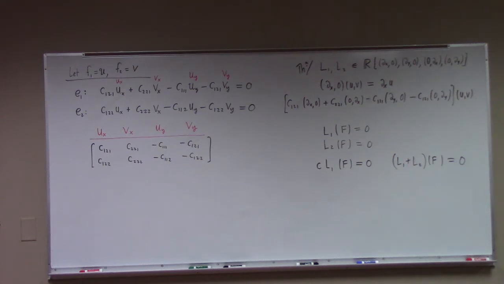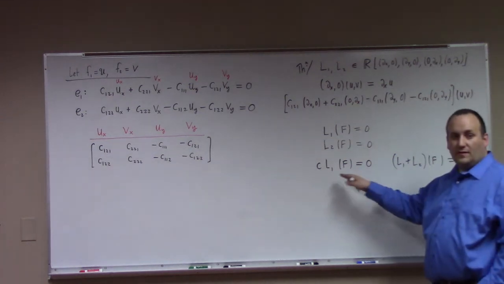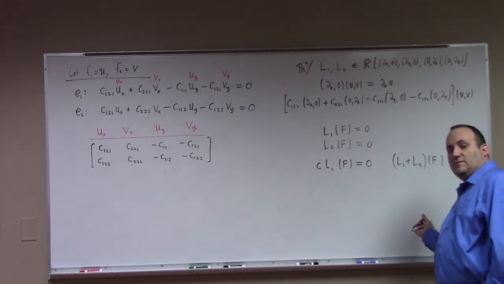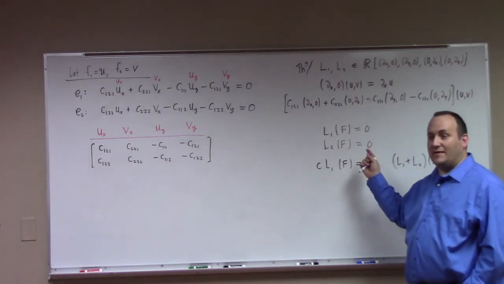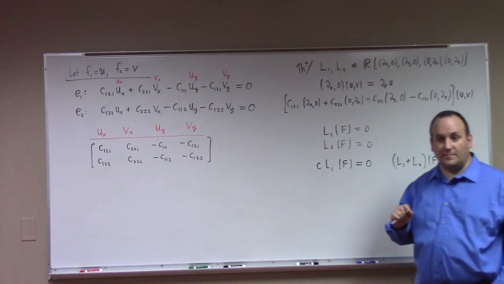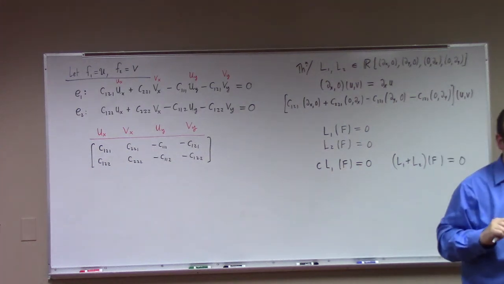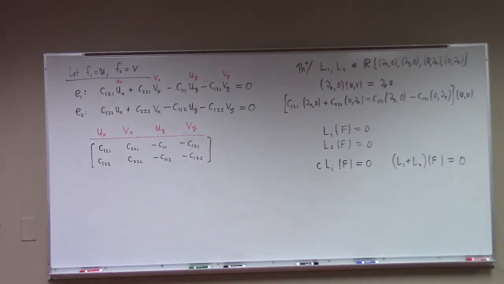If I have that these are 0, I can do the opposite row operations and get back that the initial two were 0, just the same. So this theorem, that elementary row operations on partial differential equations don't change the solution set, we can achieve if we can see the differential equations as being the kernel of linear maps.